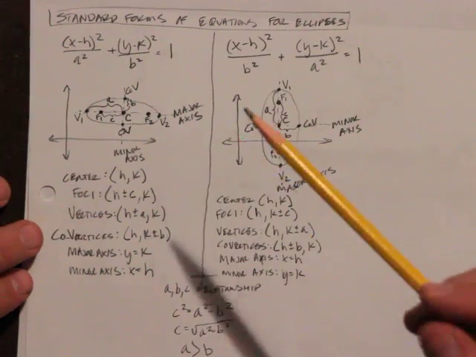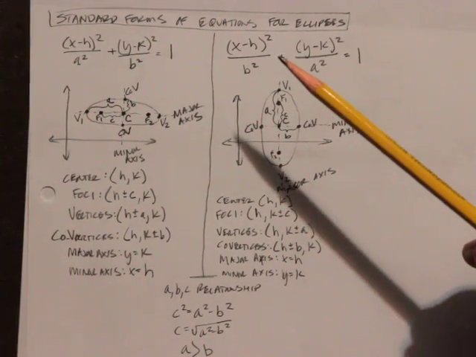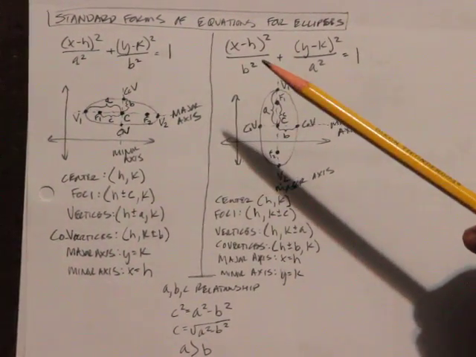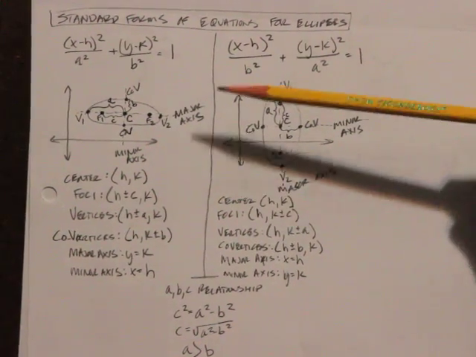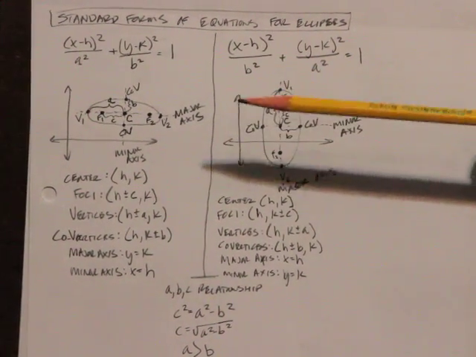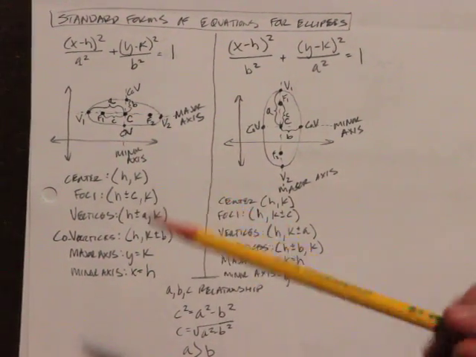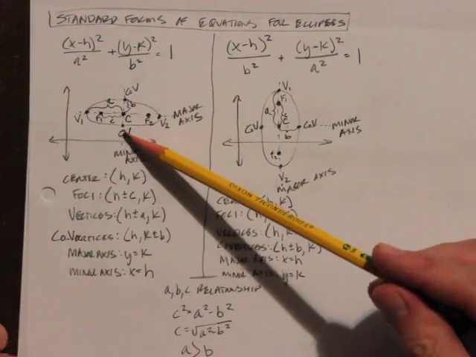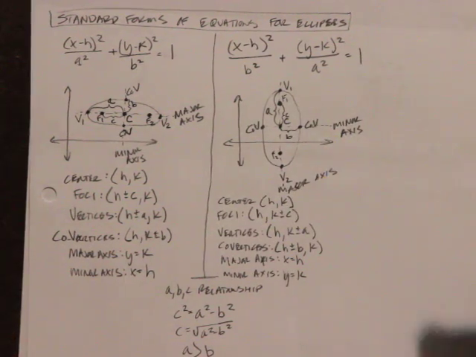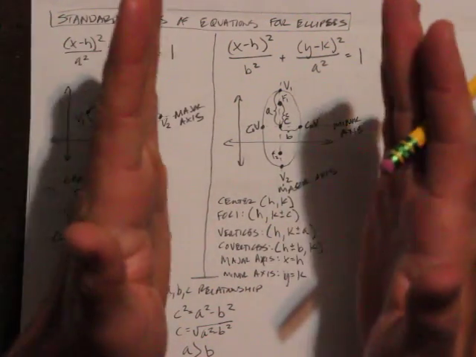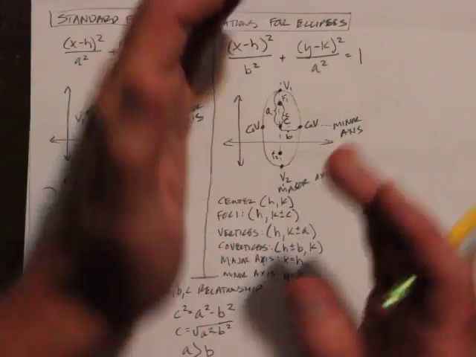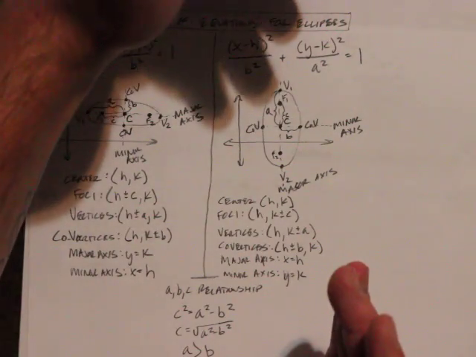Okay, so hopefully you can see enough to copy this down. What we have here are two forms of the ellipse. One is horizontal, squished flat, and one is more vertical, squished on its sides to go up and down.